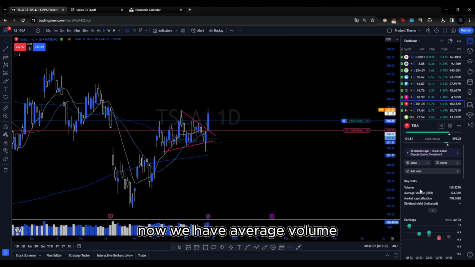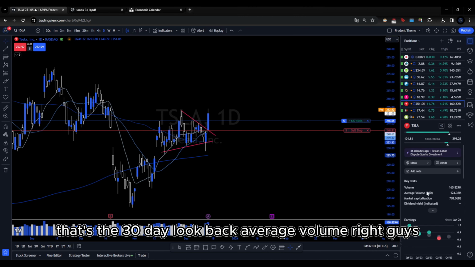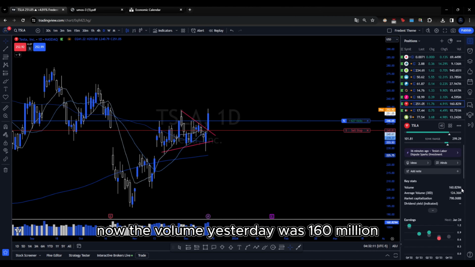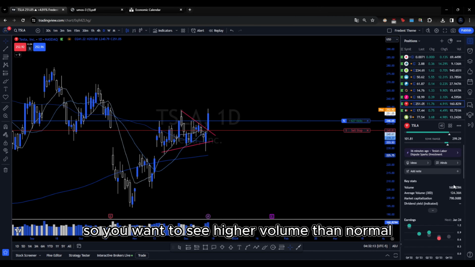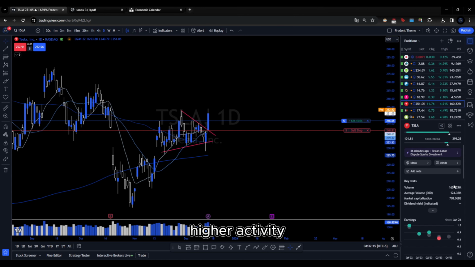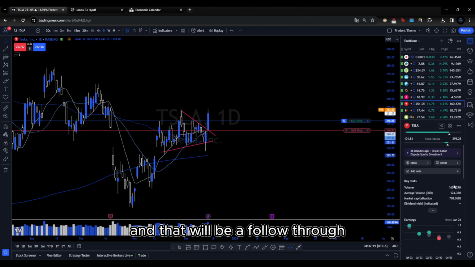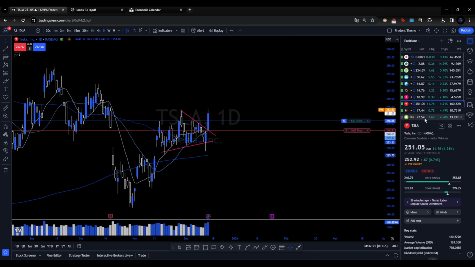Now we have average volume, that's the 30-day look back average volume, right, guys? That is 124 million. Now the volume yesterday was 160 million. So you want to see higher volume than normal, higher activity. That gives you a confirmation that the setup will work, and there will be a follow through with buyers coming in.